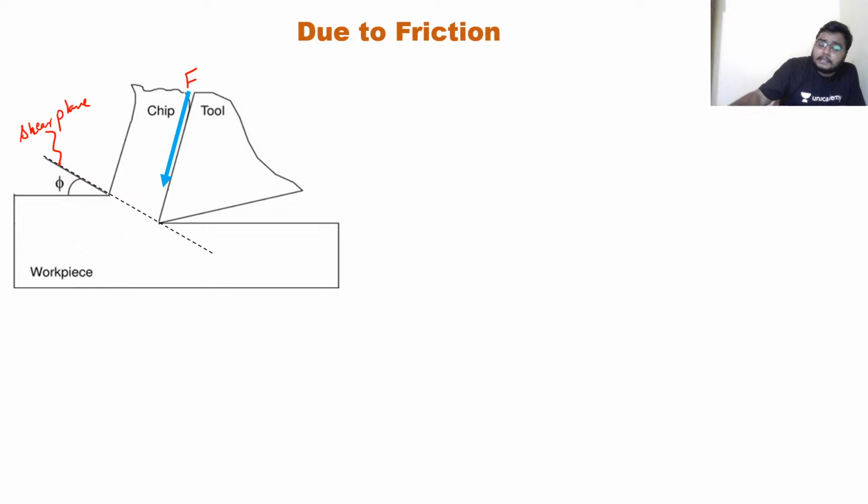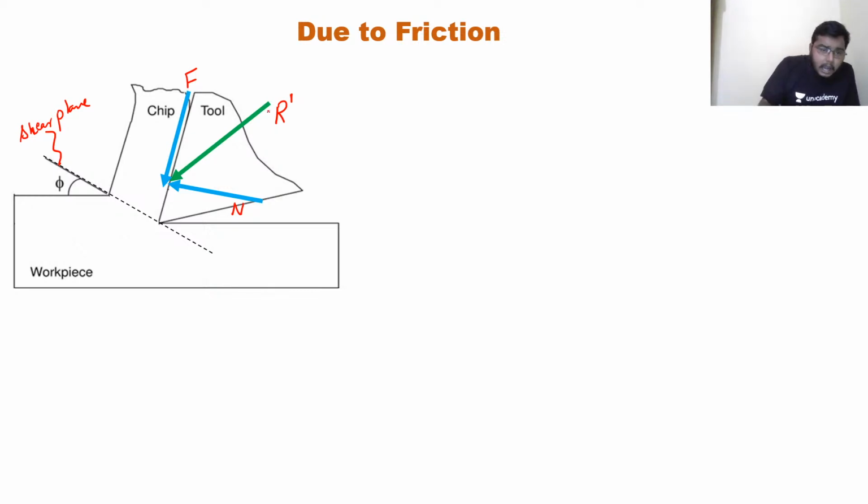In the same way, there would be a normal force acting here, denoted by N. And here a resultant force, that is the reaction, R dash, would be lying here. At the starting of the session I told you what R and R dash are.